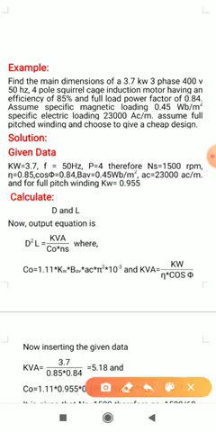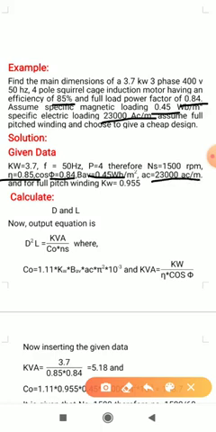Then the efficiency is 85%, cos phi, the power factor, is 0.84, and the specific magnetic loading, that is BAV, is 0.45 Weber per meter square, and the specific electric loading is 23,000 ampere conductor per meter.